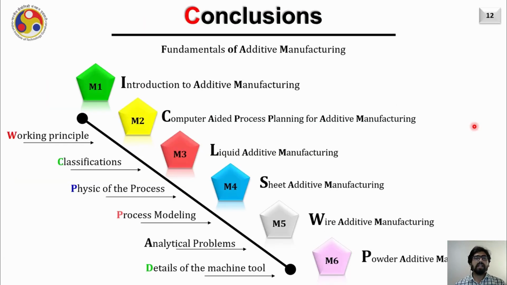So with this last lecture of the course, I would like to conclude our course on fundamentals of additive manufacturing. As I have explained in the beginning, in this course we have already discussed the following 6 modules. Module 1 was the introduction to additive manufacturing.